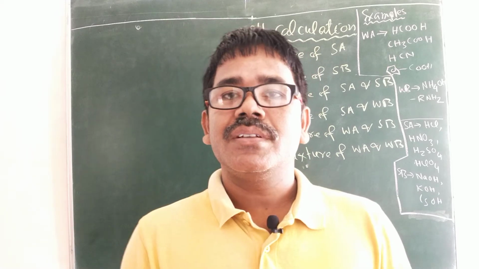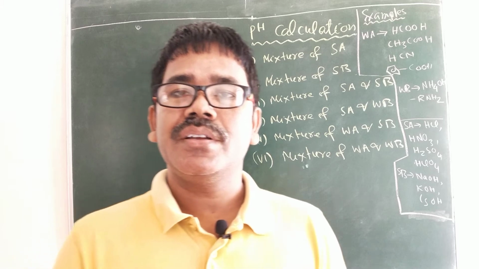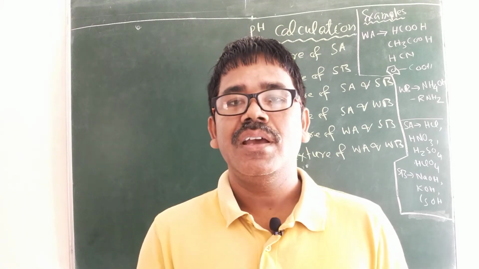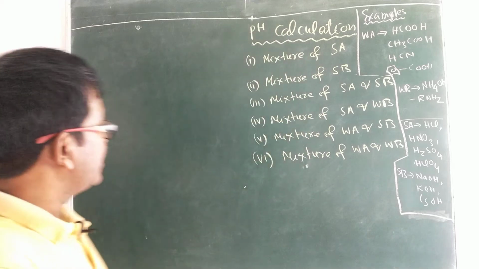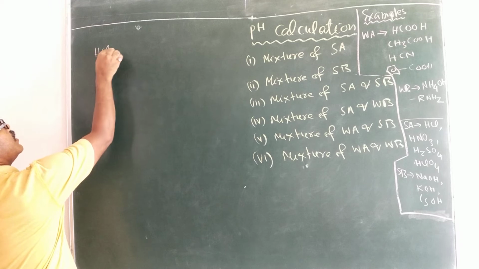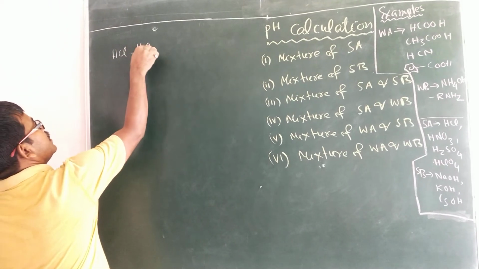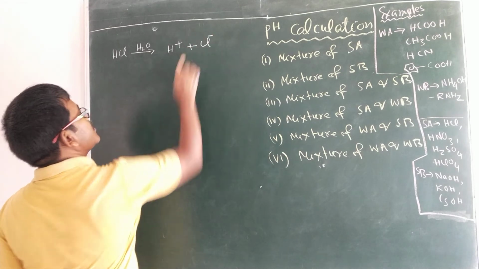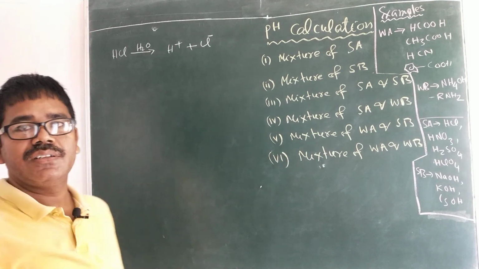Strong acid means the acid which dissolves in water and completely ionizes into its corresponding ions, and the reaction is unidirectional. Suppose you take HCl and dissolve it in water, it breaks down into H plus and Cl minus. The reaction is unidirectional.